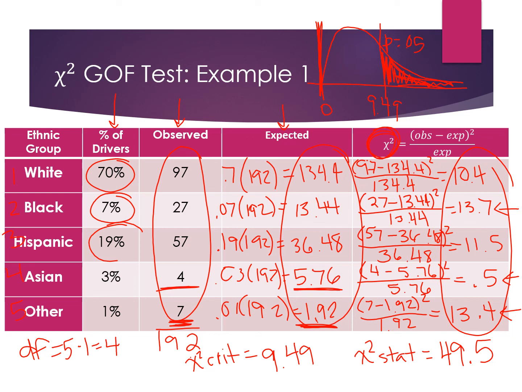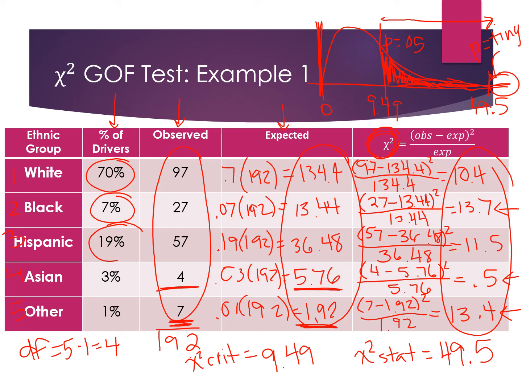Well, where does 49.5 fit on that curve? So think about going way out here and it gets tiny, tiny, tiny. That's 9.49. 49.5 is going to be way, way down here. Now, if the probability from here up is 0.05, that means the probability from here up is tiny. So P equals tiny. It's a very low probability.